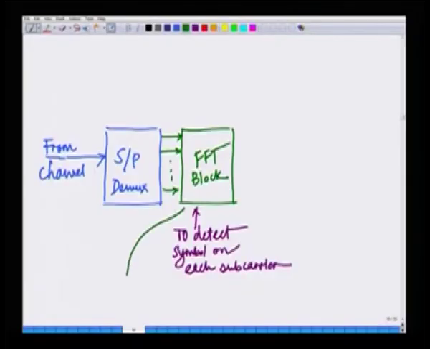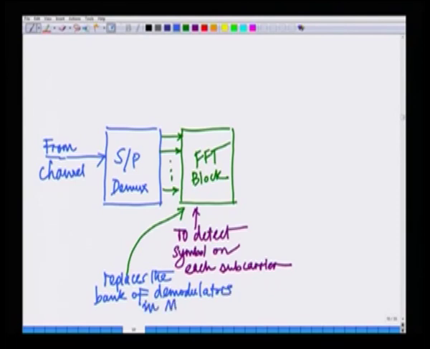This replaces the bank of demodulators in a multi-carrier modulated system.